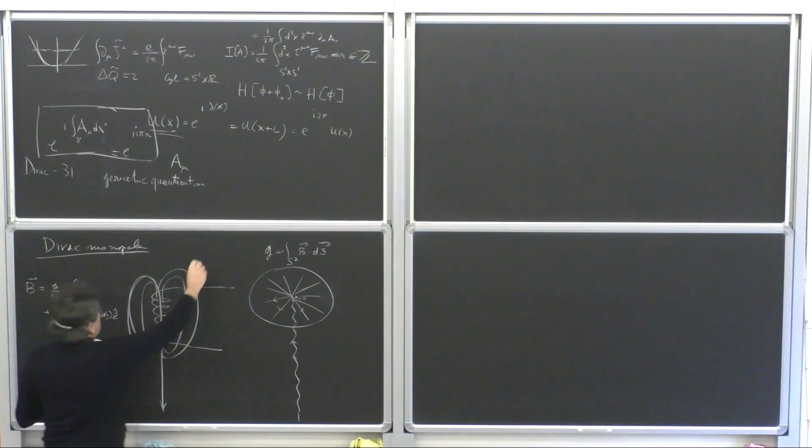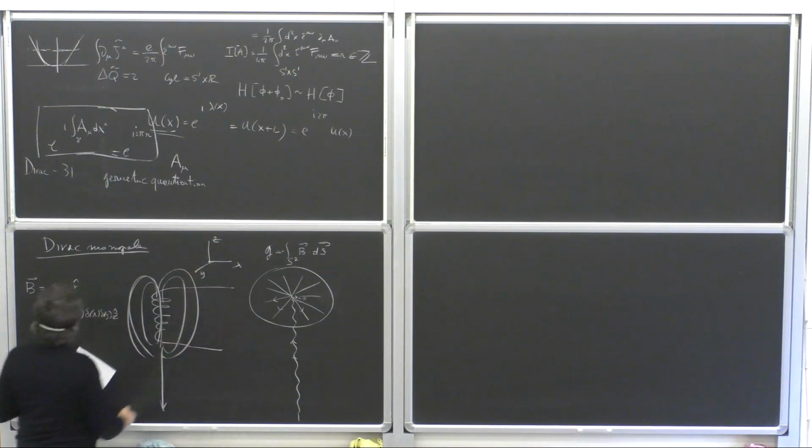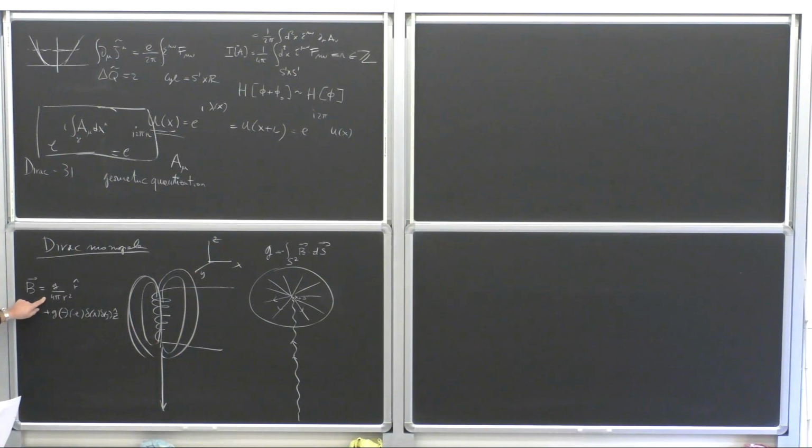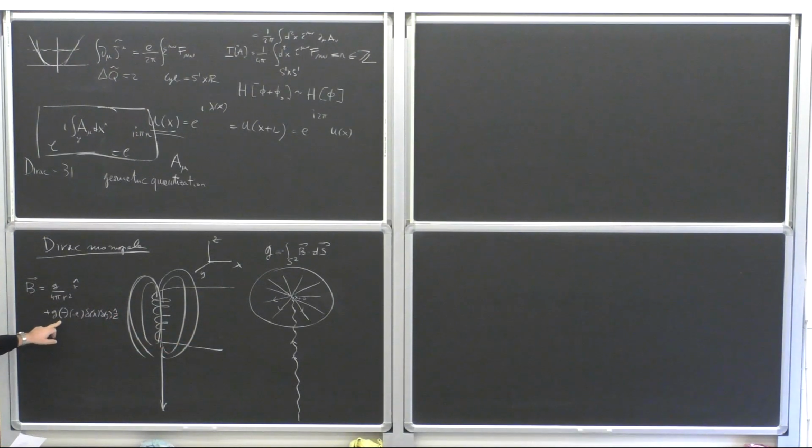This first term is pointing radially, and this is the area of the sphere, so if you integrate this, you get G. But then there is also a contribution minus G from here.